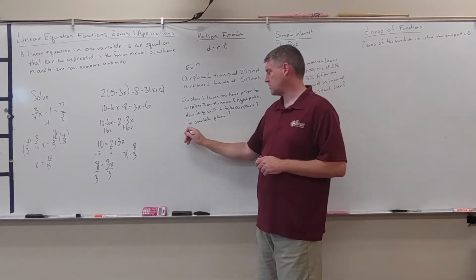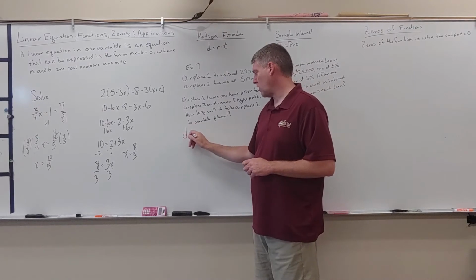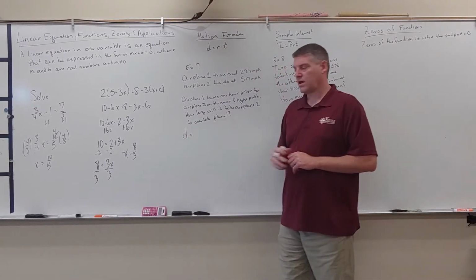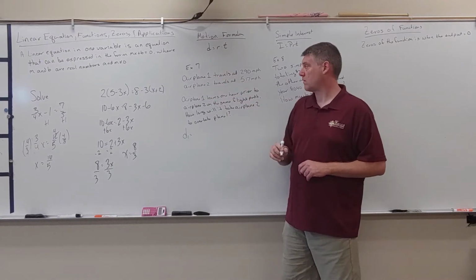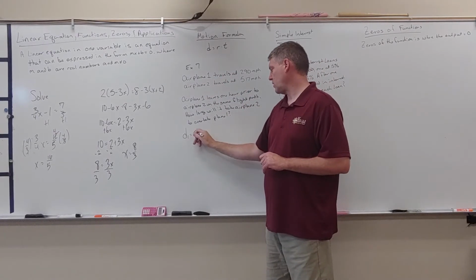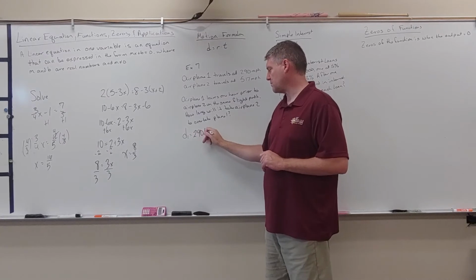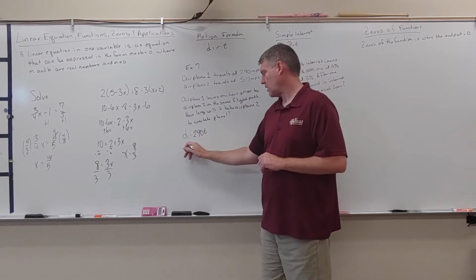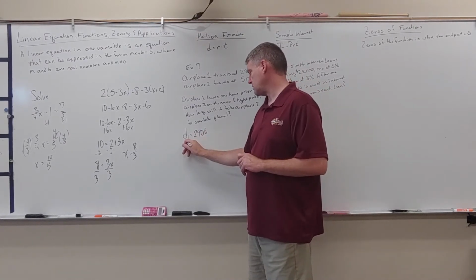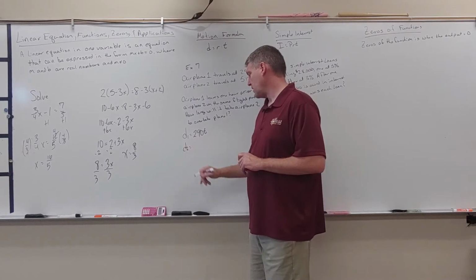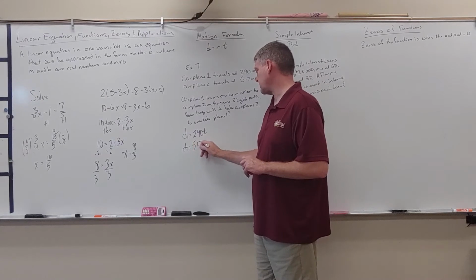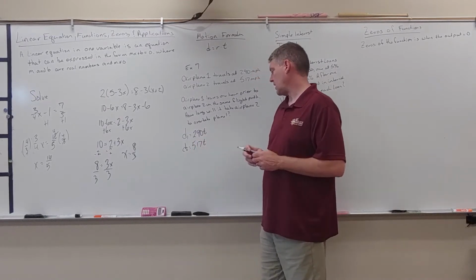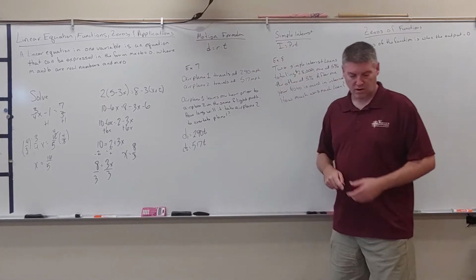So if I was to look here, I'm going to put a d sub 1 here, just to indicate that's distance 1 of airplane 1. Okay, so I'm going to have 290 times time. D2 is going to equal 517t.